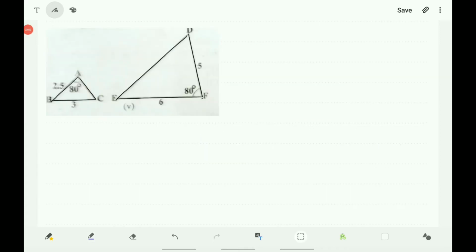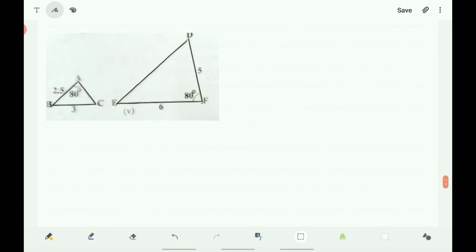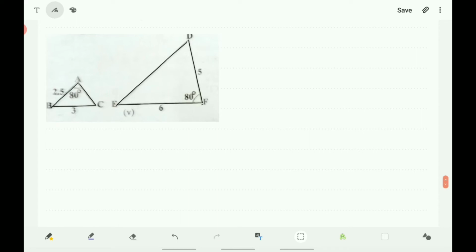Next pair of triangles, triangle ABC and triangle DEF. Observe the triangles here. In the first triangle ABC, angle A is given, that is 80 degree, and in the second triangle DEF, angle F is given, that is also 80 degree. They are equal.